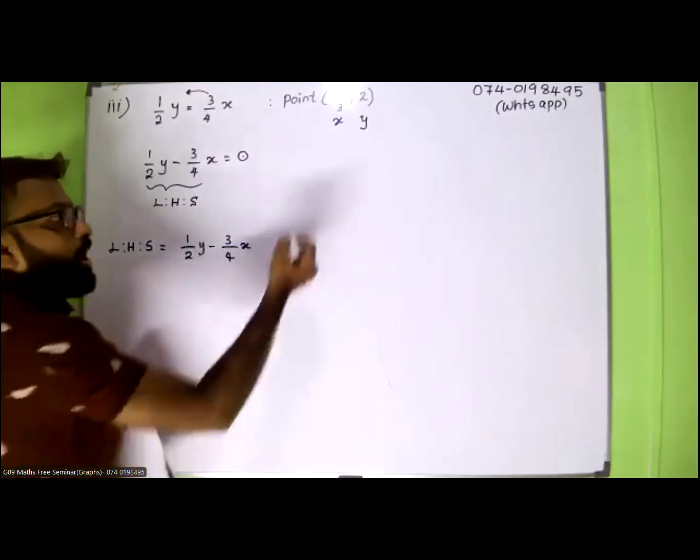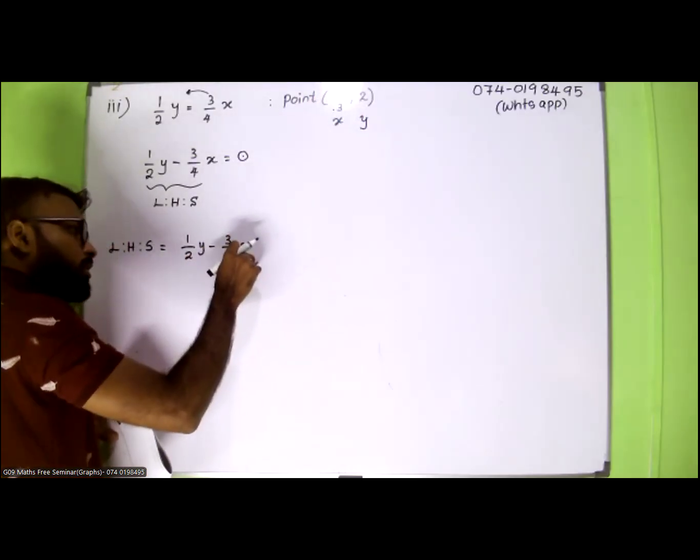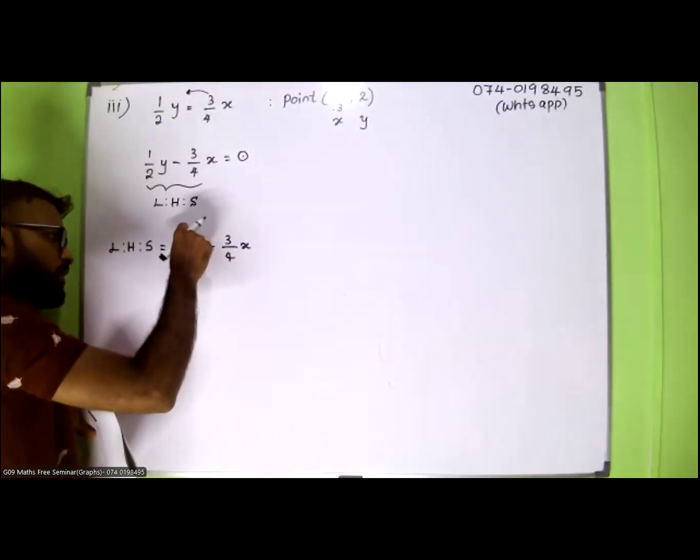So I am going to substitute 8 upon 3 for the x coordinate, and y equals 2 for the y coordinate.